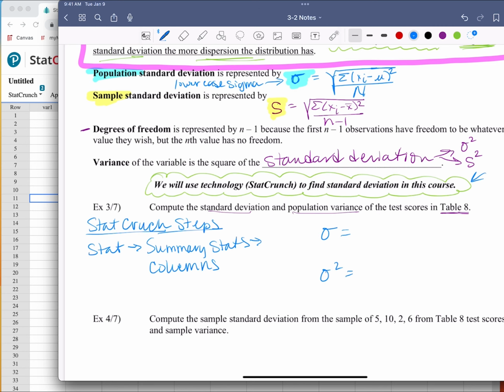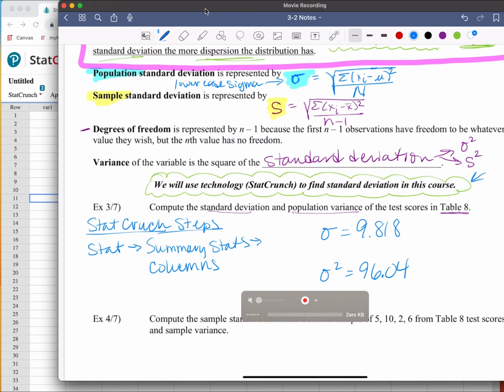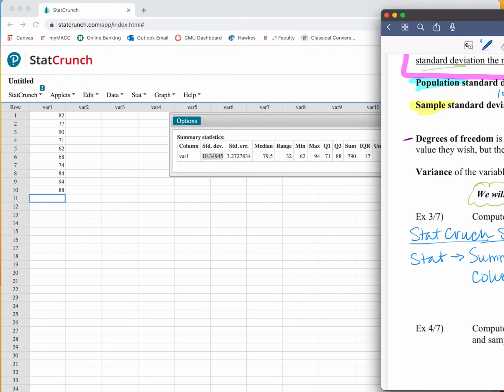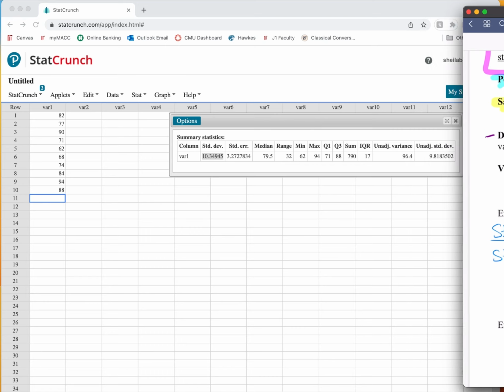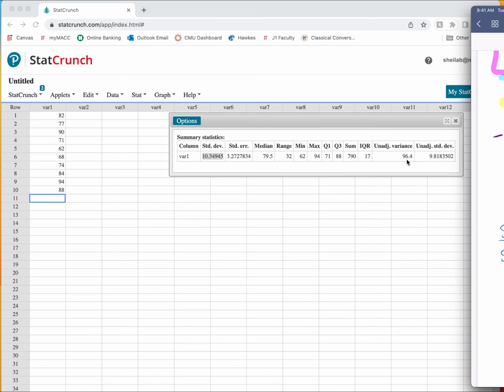And so your population standard deviation is 9.818, and your variance is 96.4. You can pull that over here on this side because it's unadjusted. I wrote the wrong thing. 96.4, not 96.04.